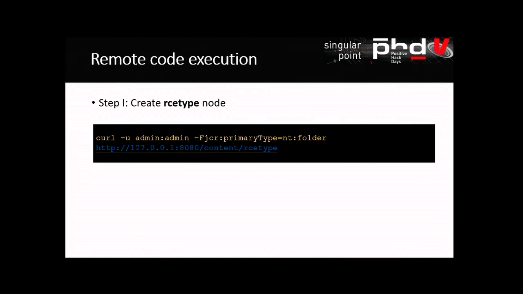And that's basically it, and then there are 5 steps on how to get RCE if we have admin credentials. First thing, we create an element with the type empty folder. We'll call it RCE type. And then we upload to this element our GSP script, exec.gsp.